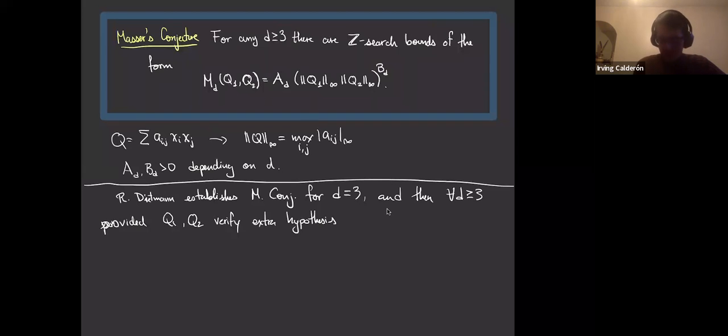These are not too restrictive. For example, one of those is that the determinant of the quadratic forms is free of cubes. But anyway, there are some hypotheses that need to be added. And the proof relies mainly on analytic number theory.